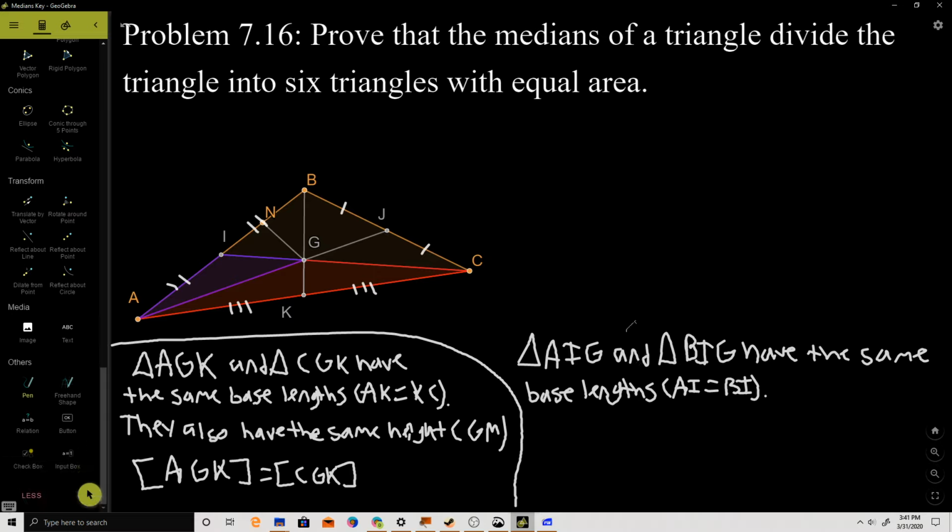So, in fact, they do have the same height. So, they also have the same heights, that being GN.